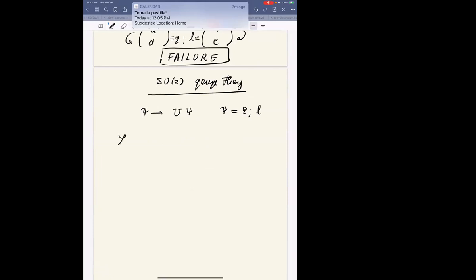And then the Lagrangian is simply, by analogy with what we wrote in U1, I psi bar gamma mu D mu psi. We would write the mass term and so on. I'm not interested in the mass term, I'm interested in interaction. What is the form of D mu?